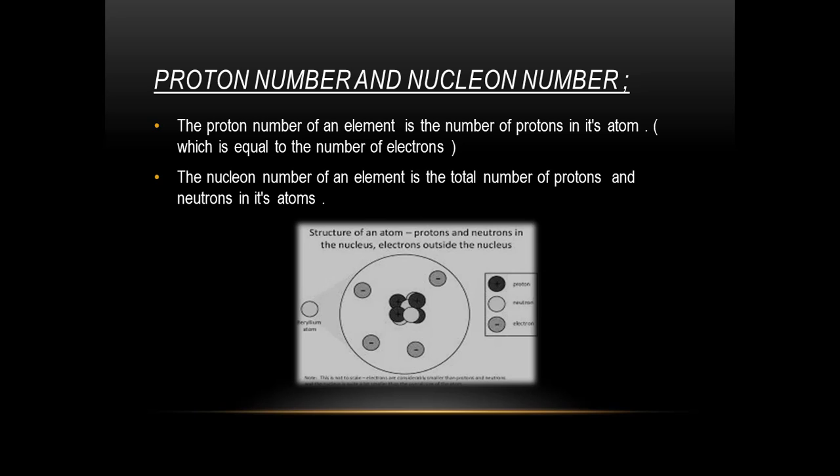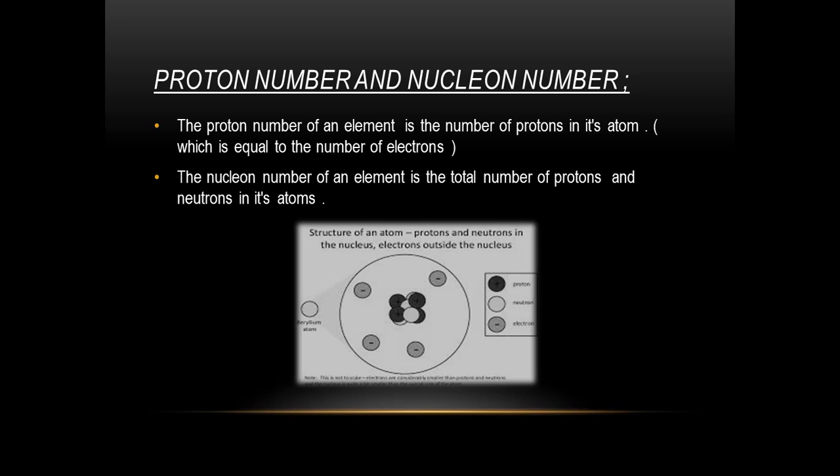Now protons and neutrons are present in the center of the atom, which is called the nucleus, and the electrons revolve around the nucleus. So the nucleon number is the total number of protons and neutrons, while the proton number is the number of protons, and it is equal to the number of electrons in an atom.